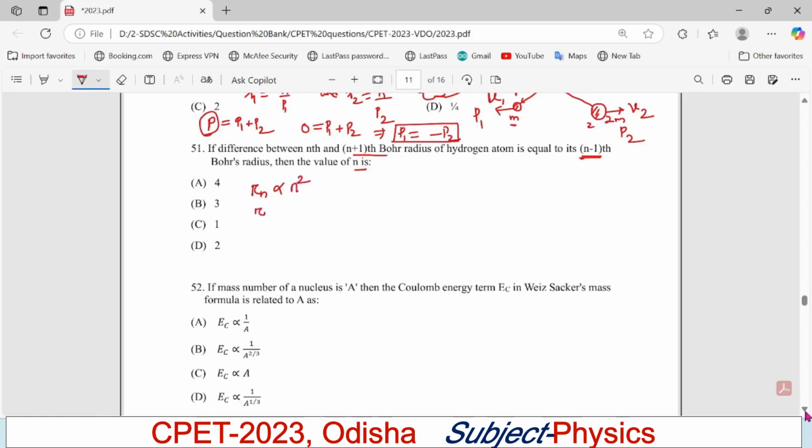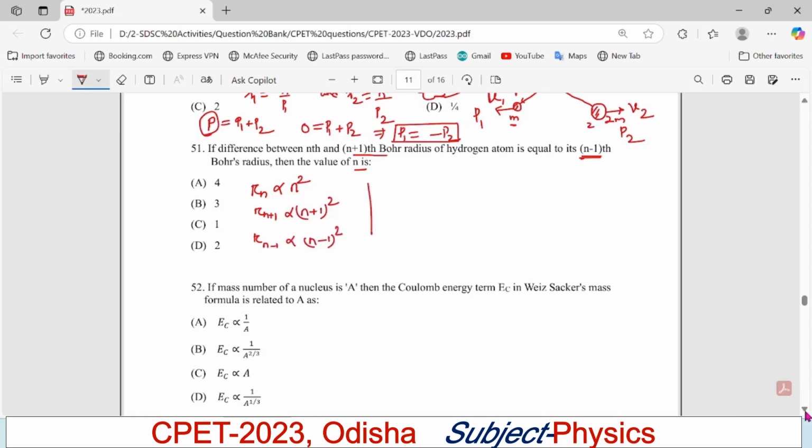The n plus 1th radius is also proportional to n plus 1 square. Likewise, the radius of n minus 1 will be proportional to n minus 1 square, right?